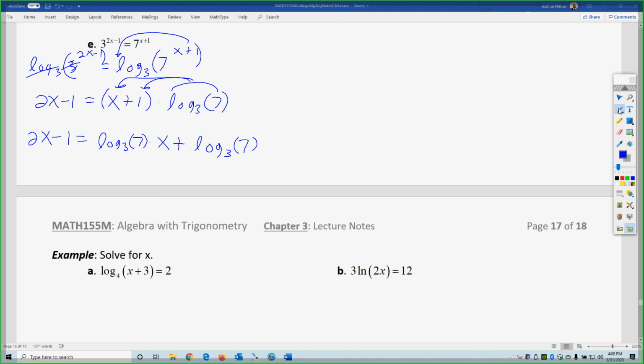So now I need all of the x terms on one side, so I'm going to add 1 to that side. And then I'll move the x term over to the other.